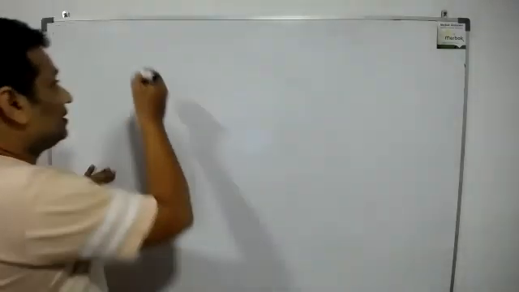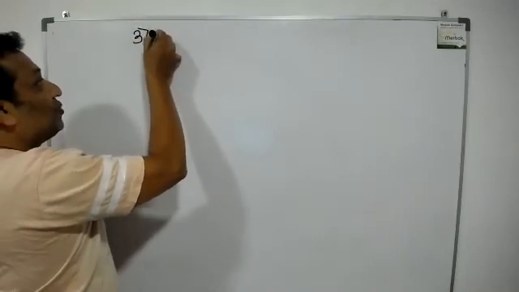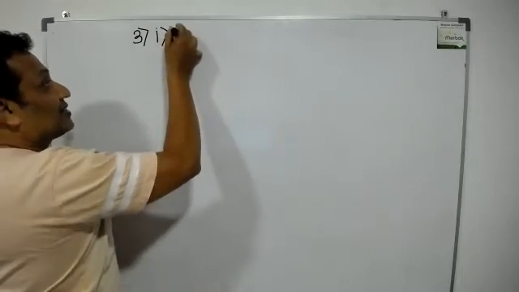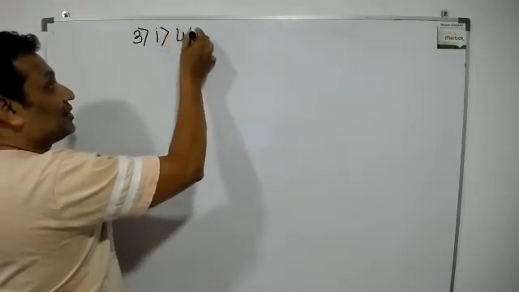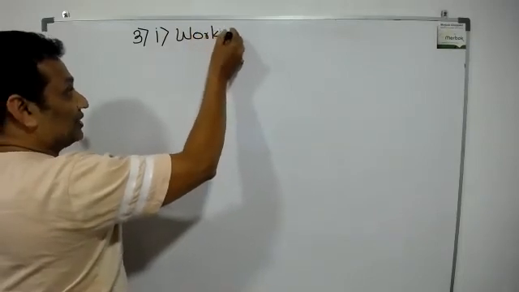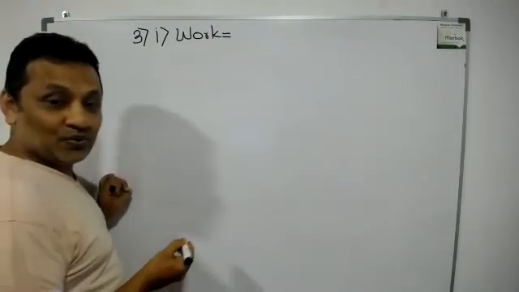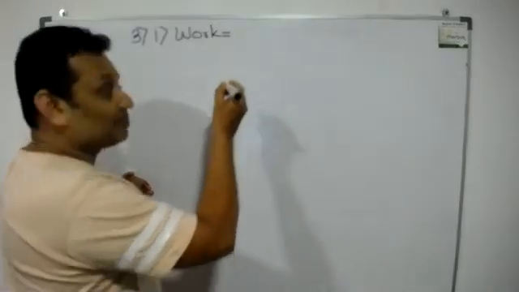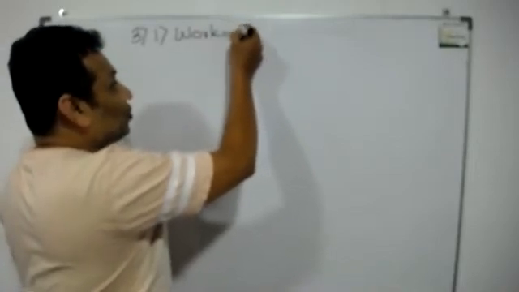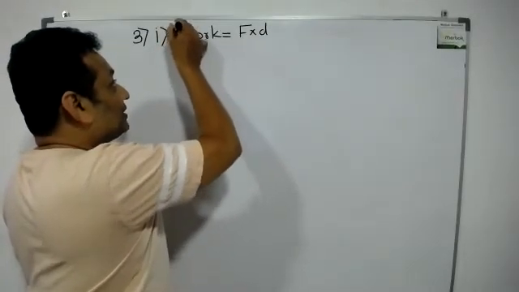Right. I think most of you have forgotten what you worked on last class. In the last class, I worked how to find out work. I gave you the answer: work equals to force multiplied by displacement.